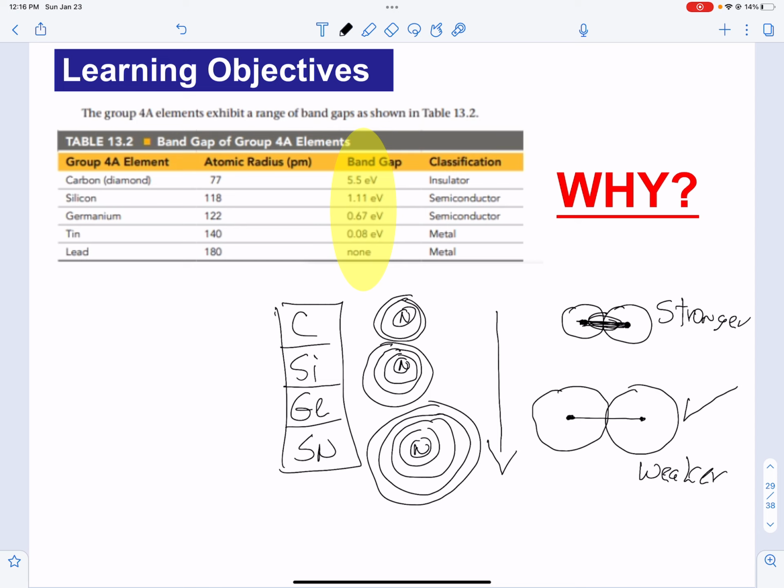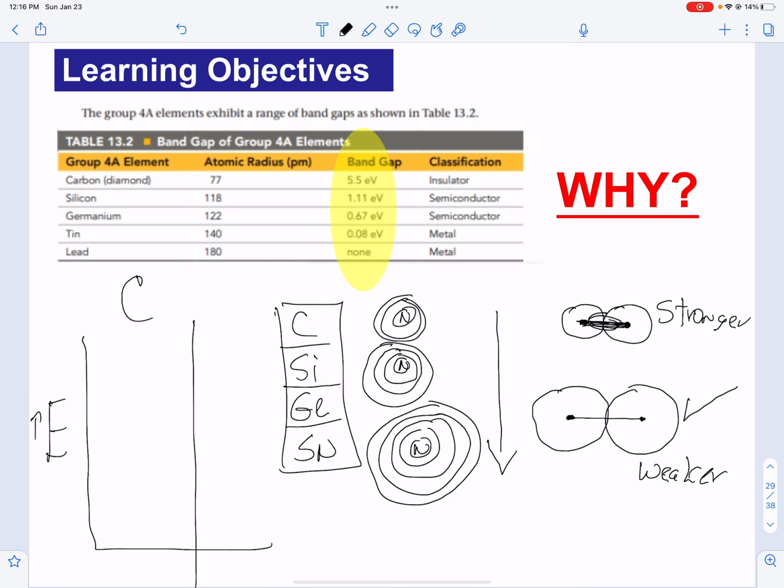So if I have an energy diagram, and I'm doing carbon, which is the most stable, then it would be low here, while tin is going to be higher, the weaker bond, higher energy, because it's the least stable. So as the bonding goes down, more stable, the antibonding will go higher. On germanium, as the bonding goes up in energy, the antibonding will go down.